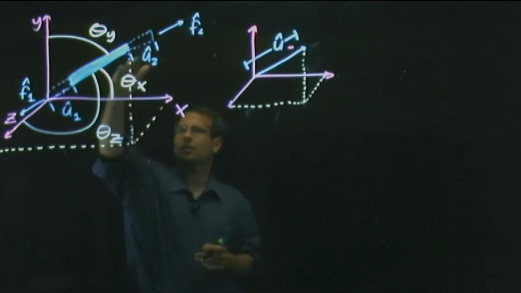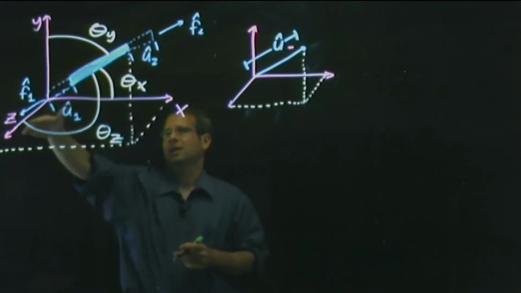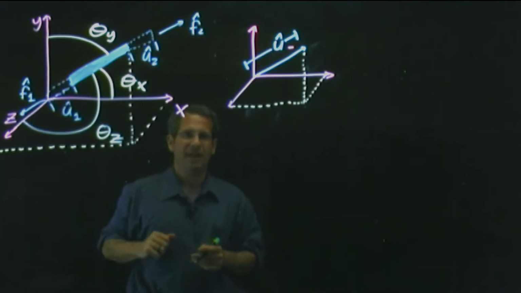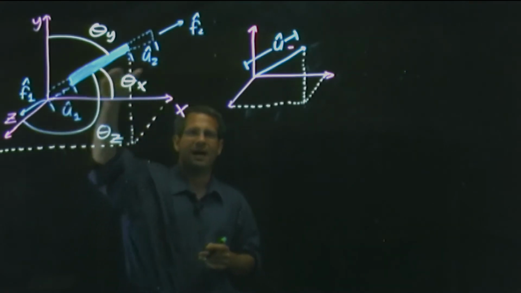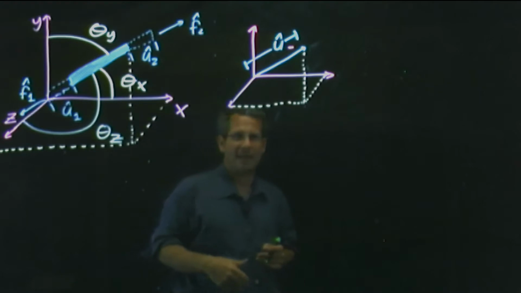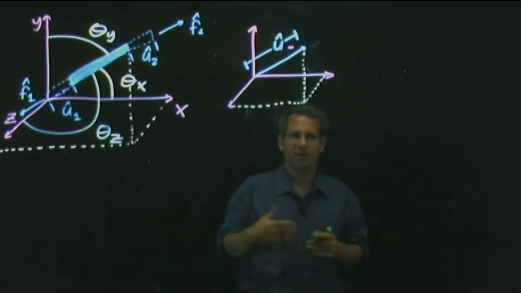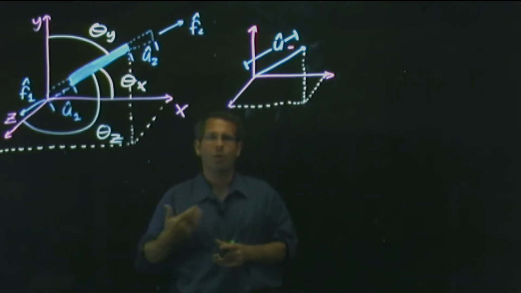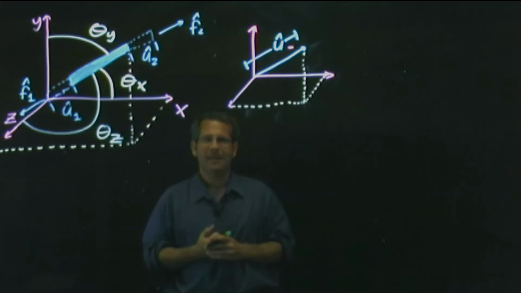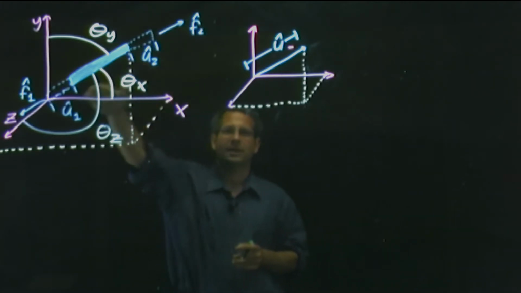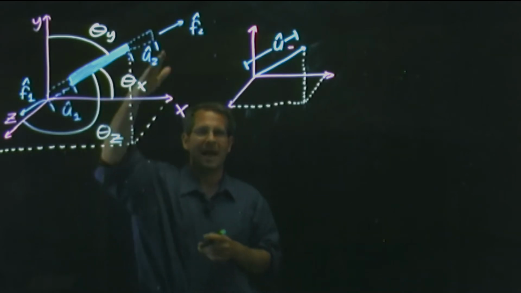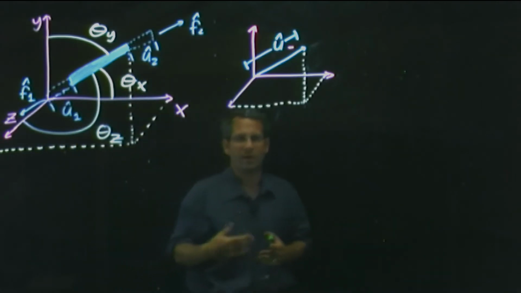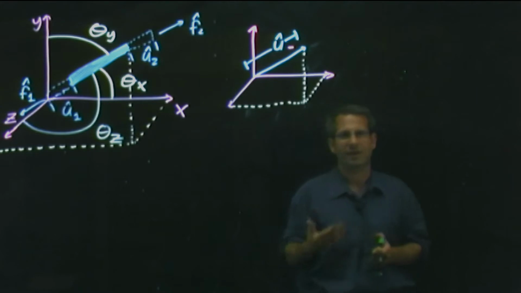This particular bar has some generic orientation that's not along the global x, y, or z axis. It's got its own orientation. I'm defining the length along that bar, x hat, as the local coordinate system. There's also a y hat and a z hat, but in a bar element, all the forces applied to it and all of its displacements will be along the x hat direction. So in the local coordinate system, the x hat direction is the only direction I care about.